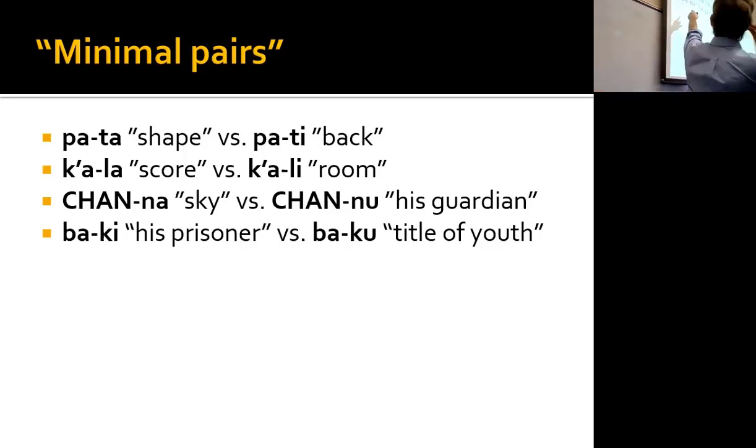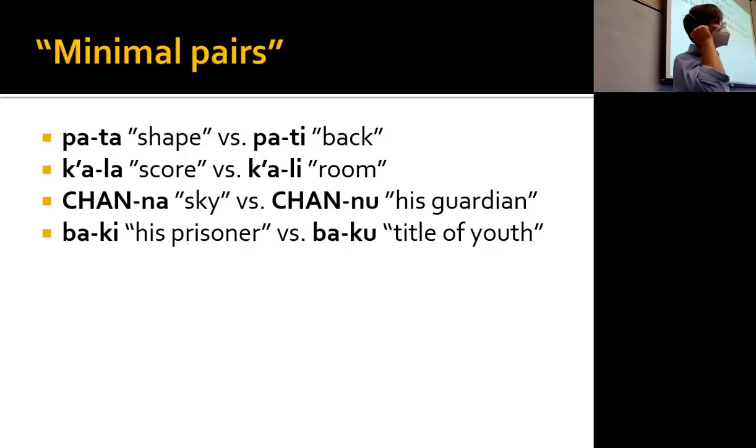And then bak, bone versus bak, child or young person. So those are minimal pairs. And you see most of them are short versus long, but some are long versus glottalized. There are also spellings which change over time. And that also implies that there's some difference there, pronunciation-wise, right?